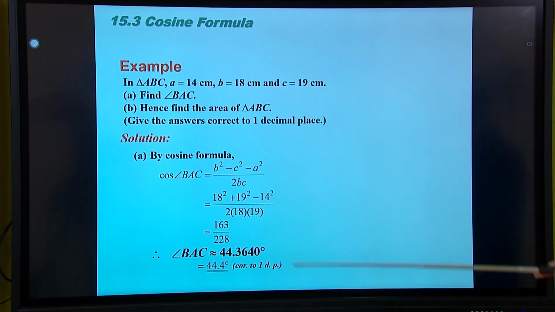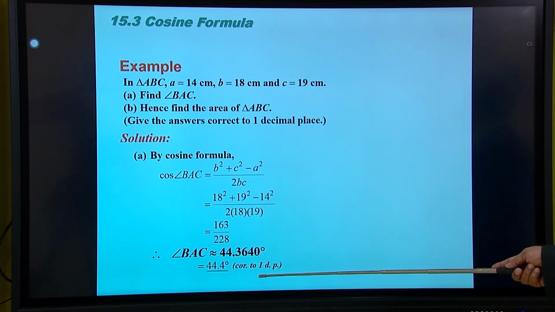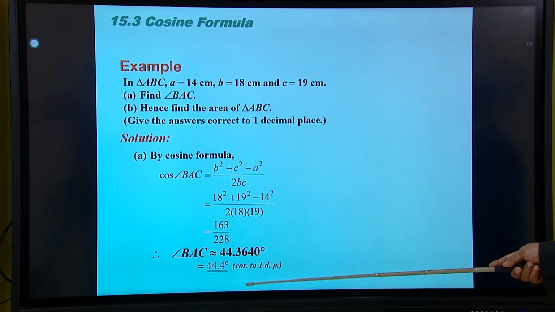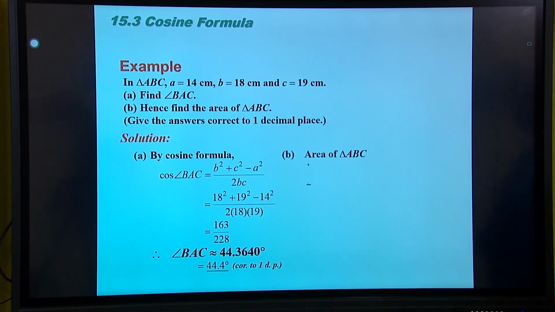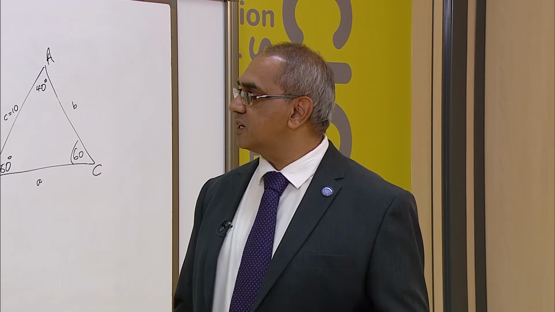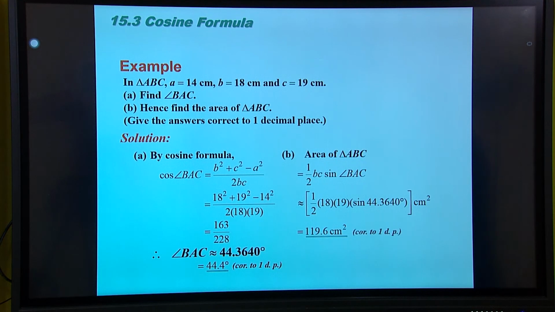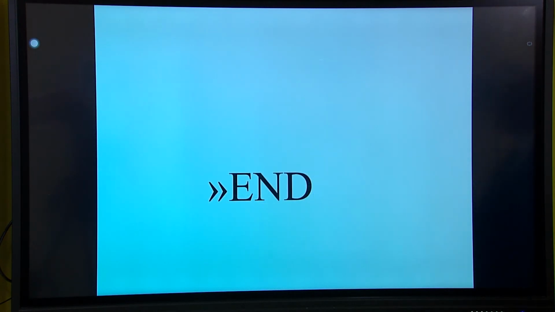All right, and normally we ask angles to be written to 1 decimal place, not significant figures. And once we have that, we can find out the area, which is half ab sine C. So you can see that we can use the sine rule, the cosine rule, and the area formula to find any property of a triangle, whether it's a side or an angle.